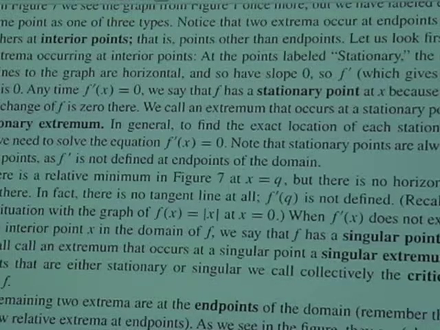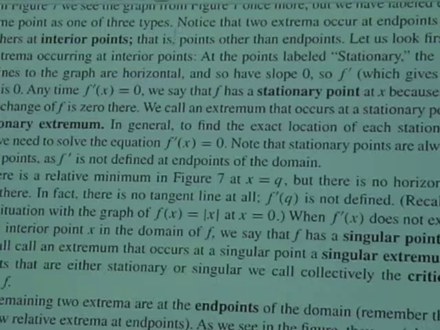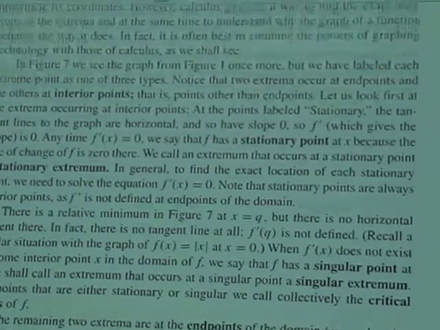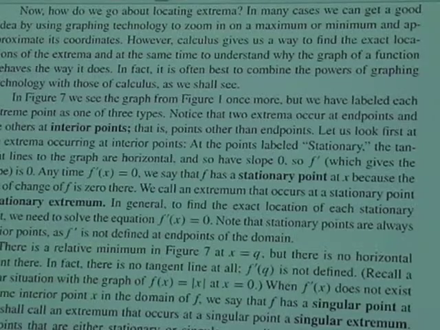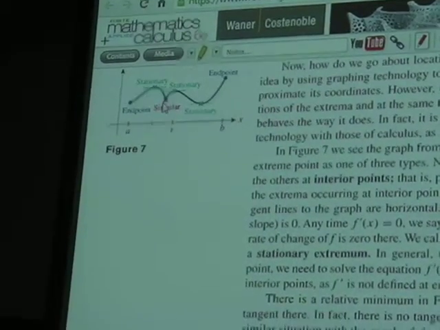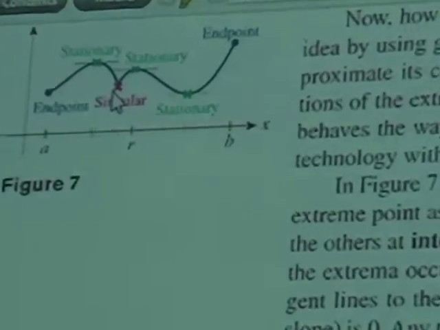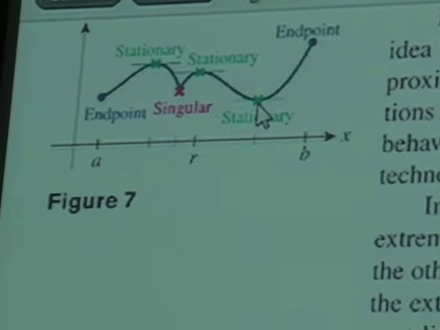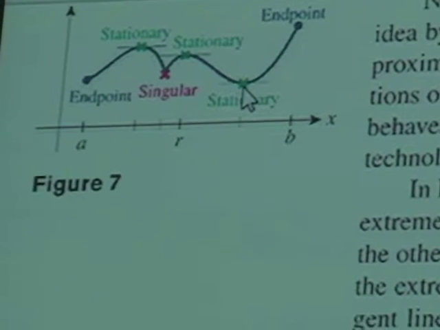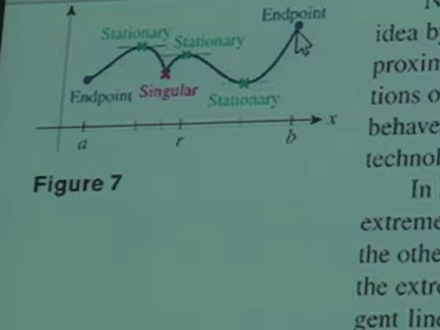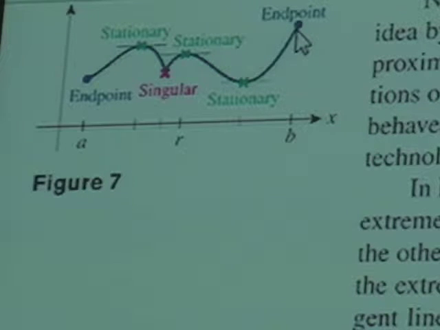Okay. So let's just quickly review this one last time. So, what do I call this point? A singular point. And what do I call this point? A stationary point. And what do I call this point? An endpoint.